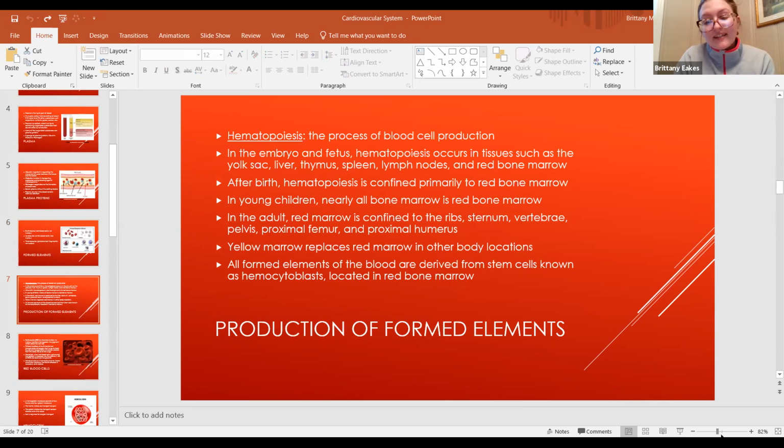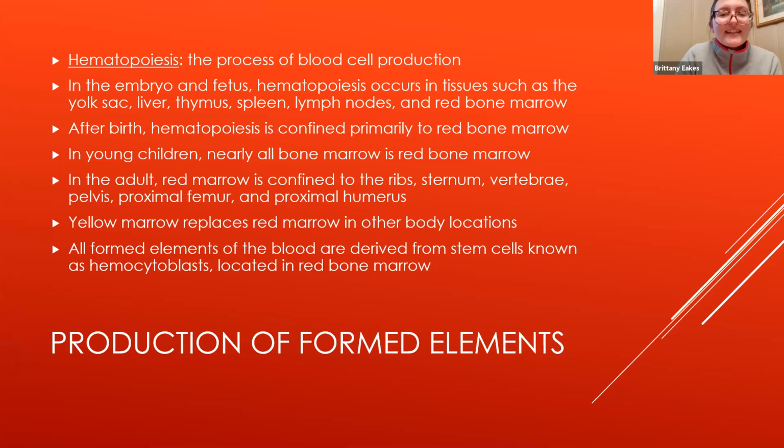Hematopoiesis, I looked up how to pronounce that, is the process of blood cell production. In the embryo and the fetus, hematopoiesis occurs in tissues such as the yolk sac, the liver, the thymus, the spleen, lymph nodes, and red bone marrow.